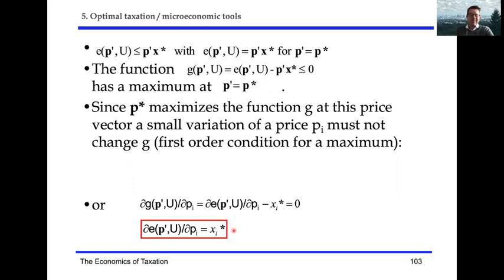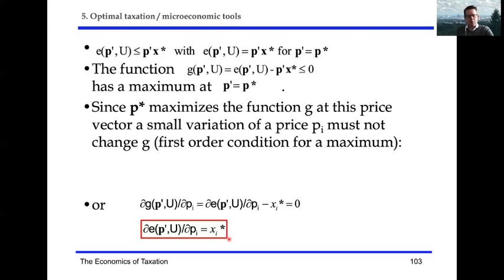And what Shepard's lemma actually says is that if it's really a marginal price change, then the €1, that is the response in expenditures that you get if you do not react with your consumption structure, is exactly the right amount.